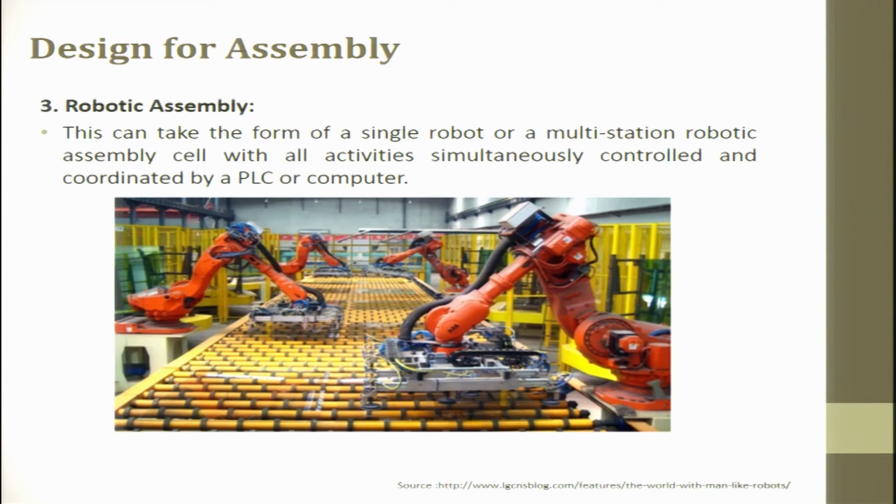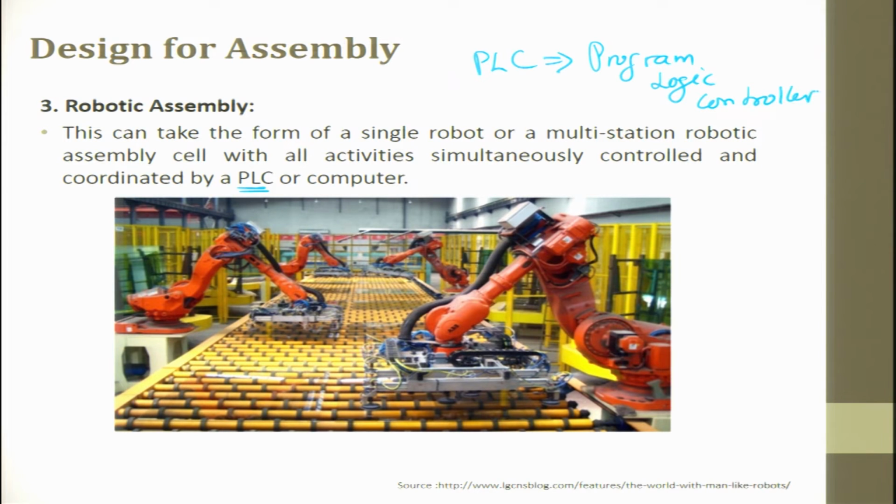This is robotic assembly. So, this can take the form of a single robot or a multiple station robotic assembly cell with all activities simultaneously controlled and coordinated by a PLC. PLC is programmable logic controller.